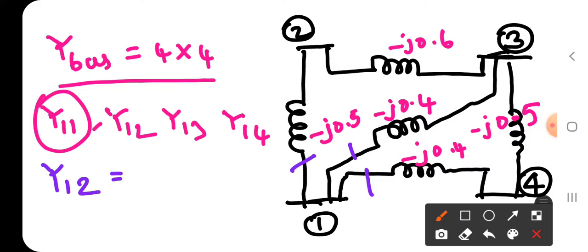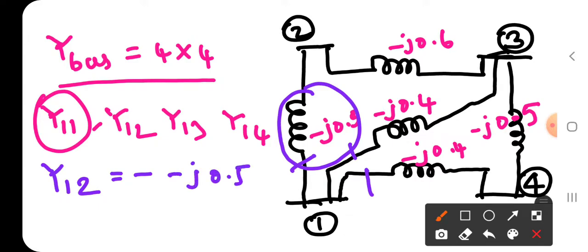Between node 1 and node 2, how many branches are there? Only a single branch is there, that is this value. So I can write this as negative of minus j 0.5. This will be j 0.5, positive will come.